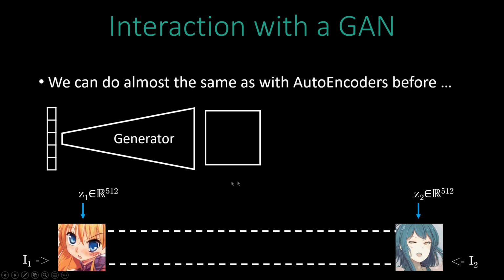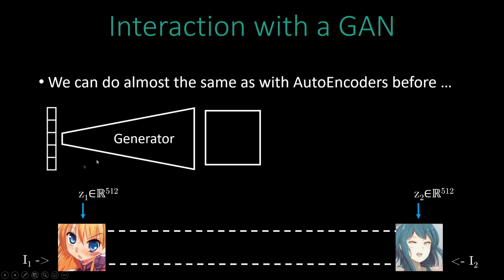Okay? Well, so we can do almost the same as with the autoencoders before. So we generated some random vector here, and then we can feed this vector there and have the generator create images from that vector. This is trained on an anime dataset, and so it's creating anime faces.